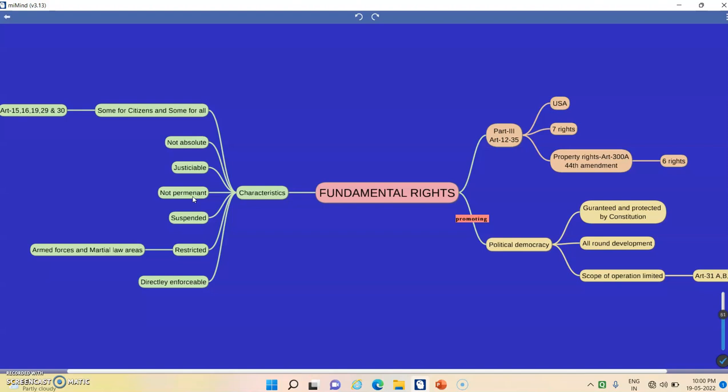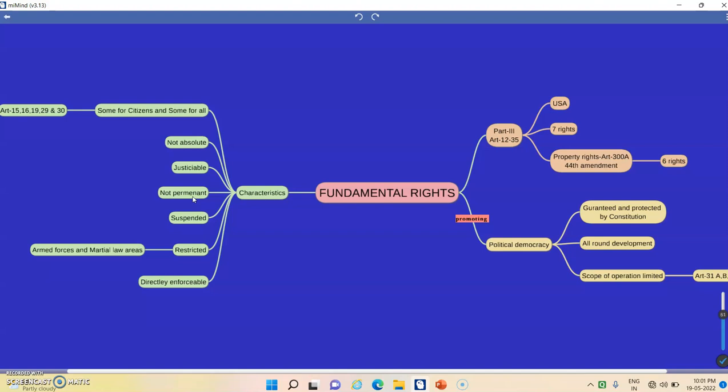For example, the amendment is not supposed to disturb the harmony of the Constitution. That is, fundamental rights strike a balance with the DPSP, which should not be disturbed while amending the fundamental rights.